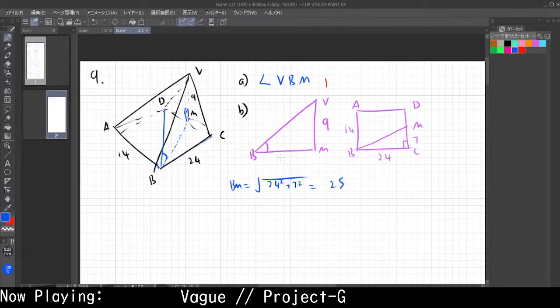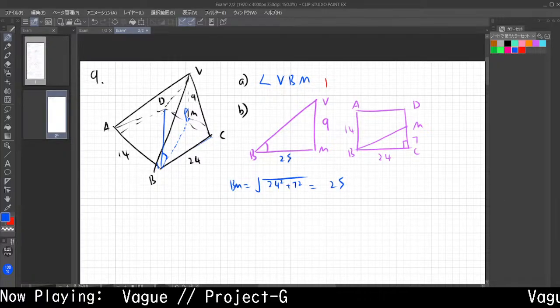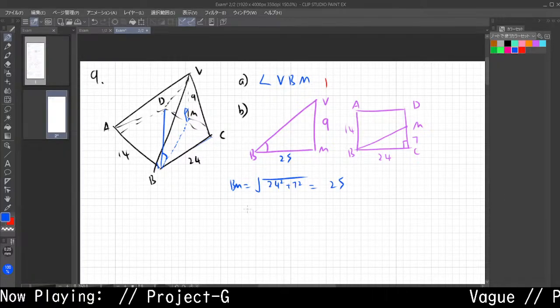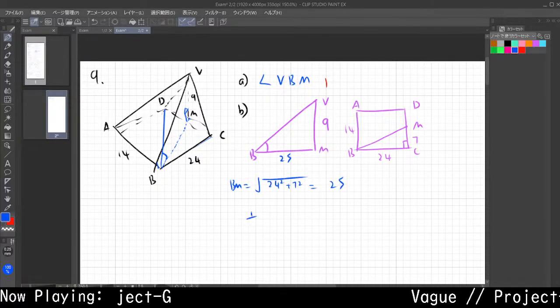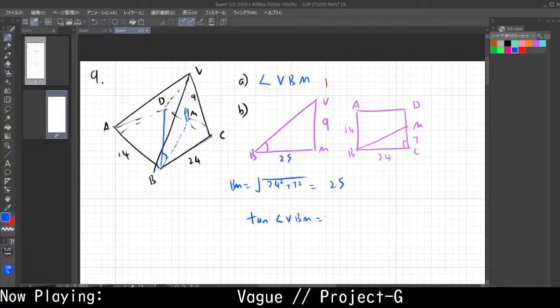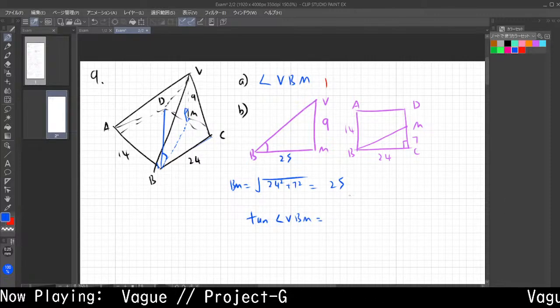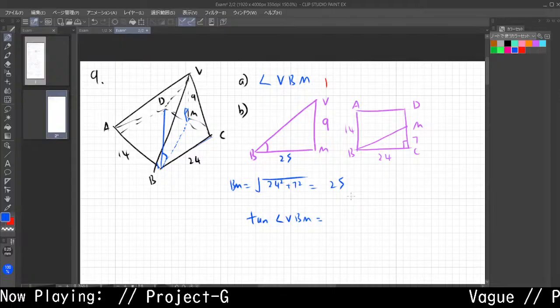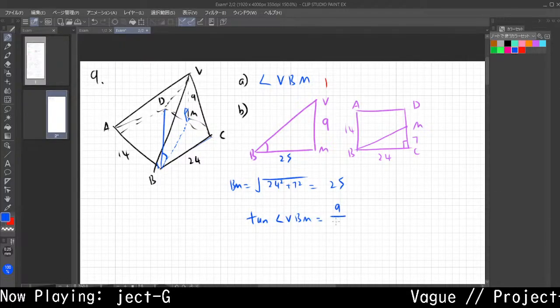Then since we have 25 over here already, we can use tangent. So we know that the tangent of angle VBM is given as O over A, so it will be 9 over 25.